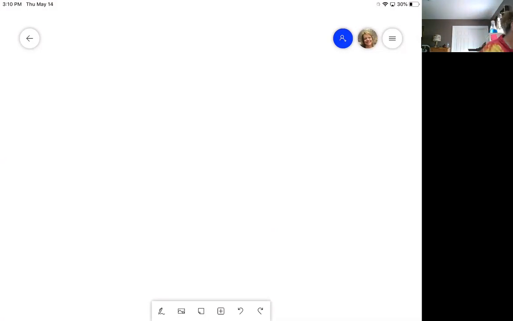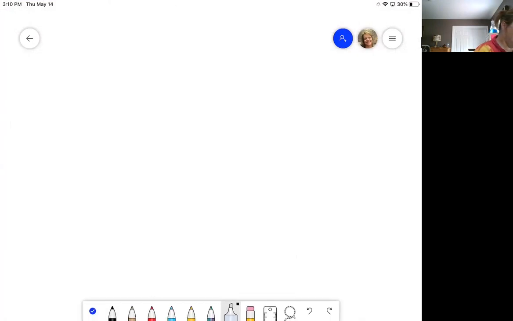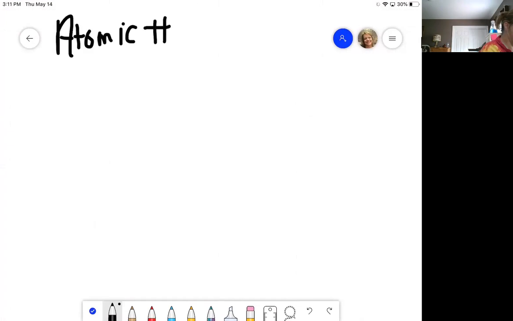So we have atomic number. And just to save space, I'm going to put a little hashtag. You guys call it a hashtag, it used to be the pound sign, whatever.